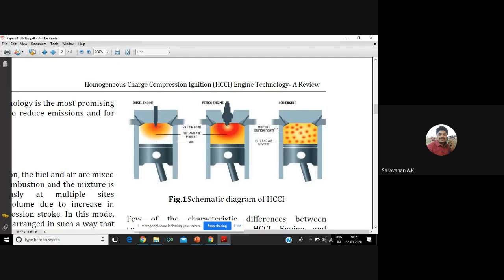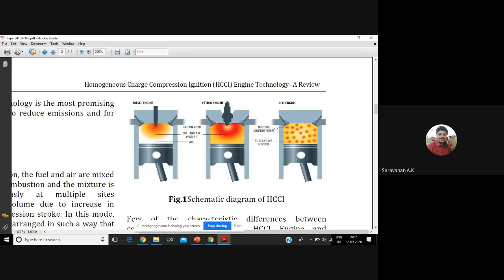For example, if you have a bulk amount of fuel, it may need a high temperature to ignite it. But if it is in mist form, in fine droplet form, then it will burn in an easy manner. Is it clear or not?